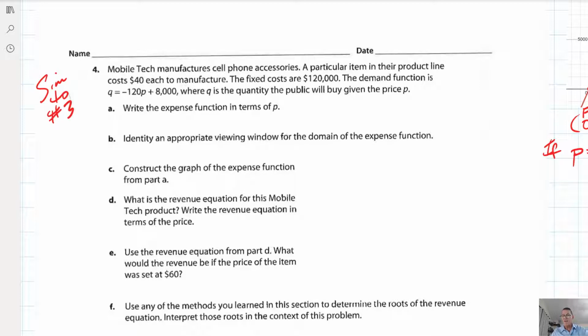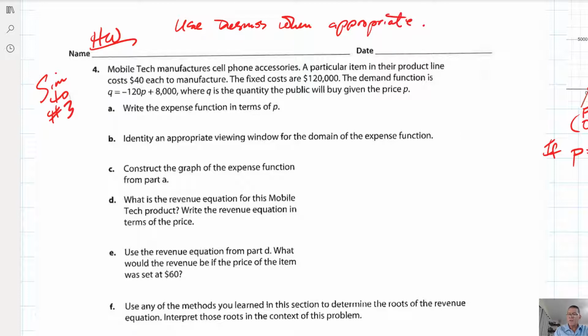Use Desmos when appropriate, and also check answers with the publisher, because I published the answers. That's in Canvas. Obviously, you guys know where they are.